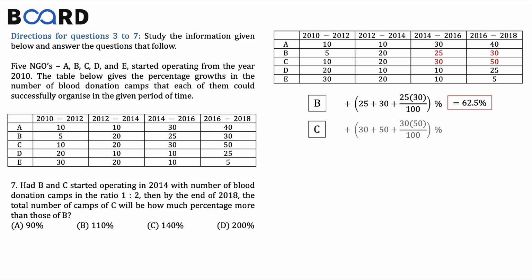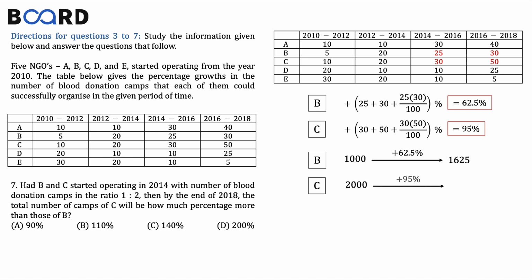For C, it's 30 and 50, so overall turns out to be 95%. Since the ratio is given as 1:2, why don't we consider 1000 as the value for B? That has increased by 62.5%, so overall it's 1625. For C, I have to start with 2000. The increase is 95%. So 3900 has to be the value.